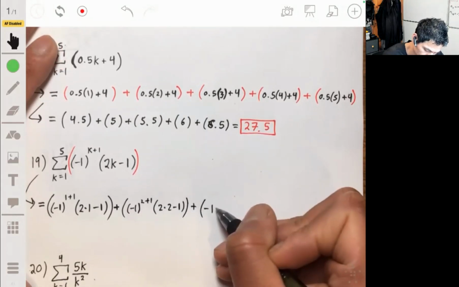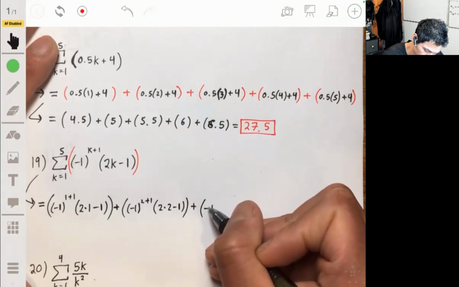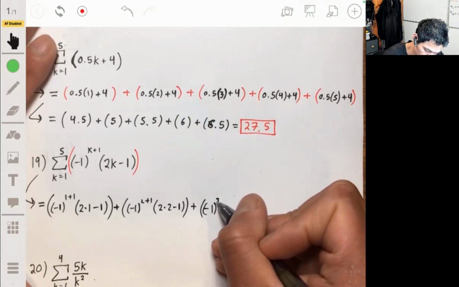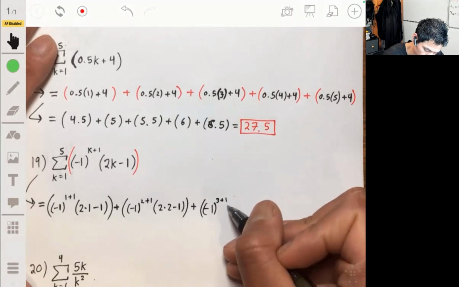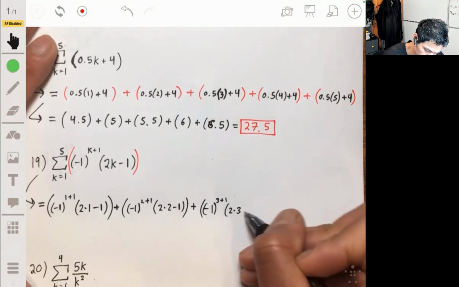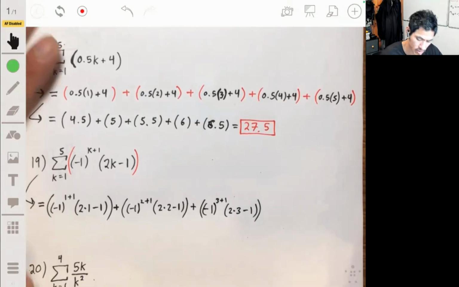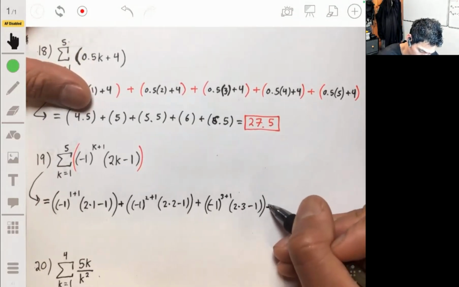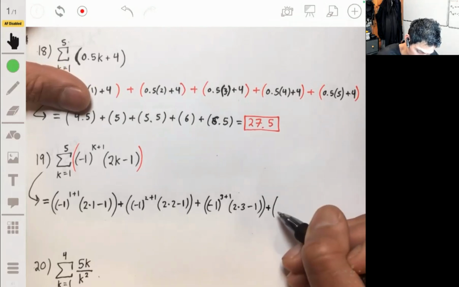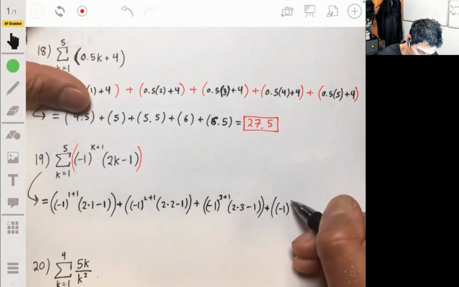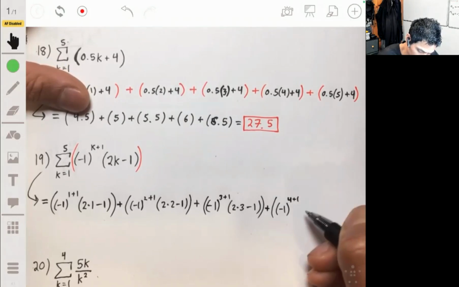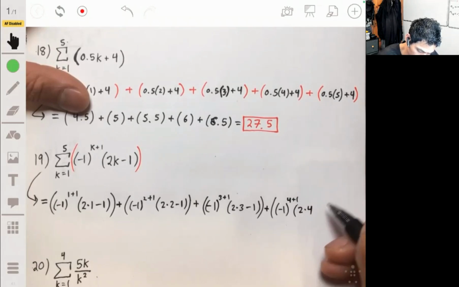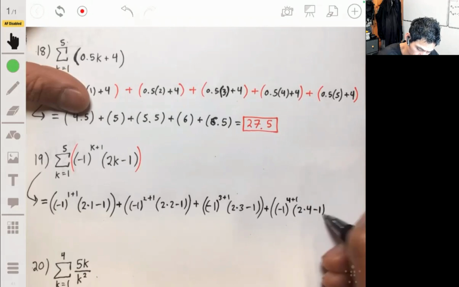Plus -1 to the 3 plus 1 times 2 times 3 minus 1. Plus -1 to the 4 plus 1 times 2 times 4 minus 1.